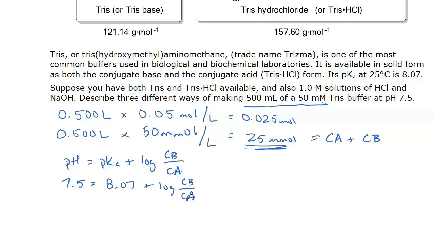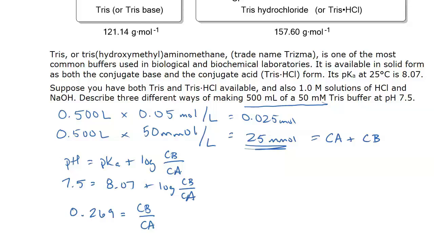And then take the inverse log of that, or 10 to the negative 0.57. And you get 0.269. This is the ratio. Now we have what in algebra class they would call 2 equations and 2 unknowns.